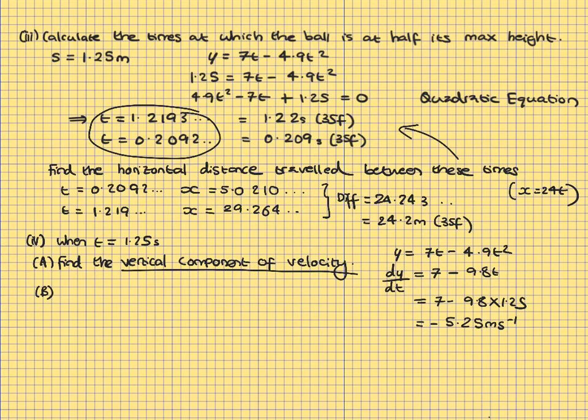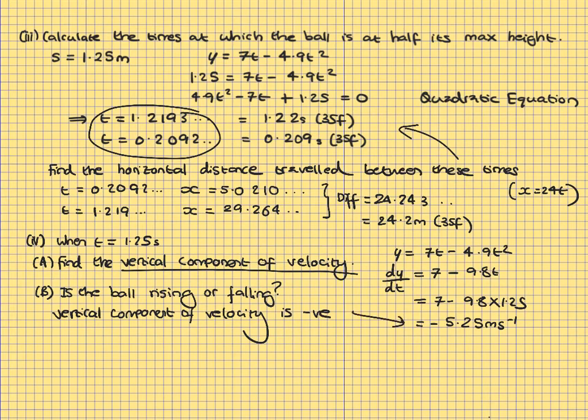Now, part B, we have to determine whether the ball is rising or falling. So at this time of 1.25 seconds, we can see that the vertical component of the velocity is negative. We can see that there.